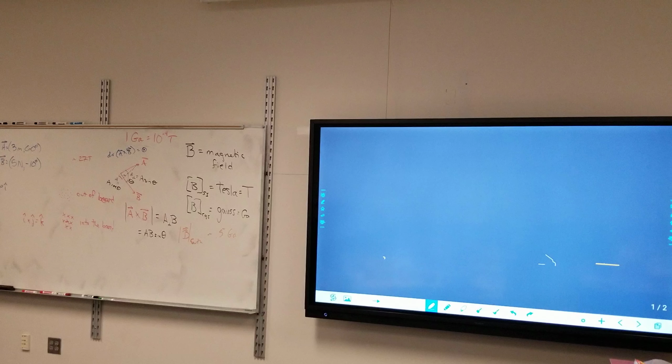I think people are generally, I see 3 people with their thumbs pointing in the right-ish direction. Put your hand in the direction of the first vector, you want your fingers to bend towards the second vector, thumb points out. So if I hat is to the right, J hat is up, K hat is out of the board.